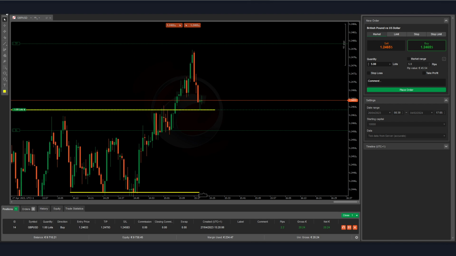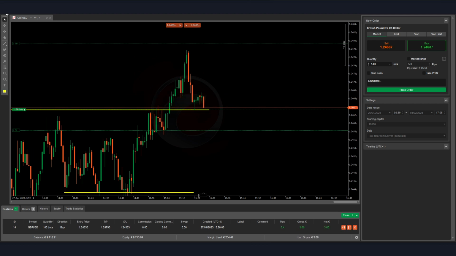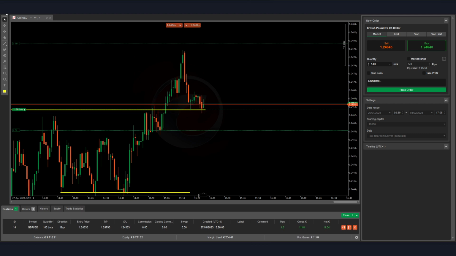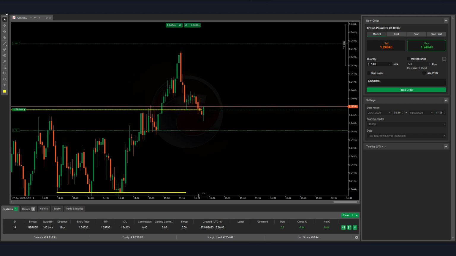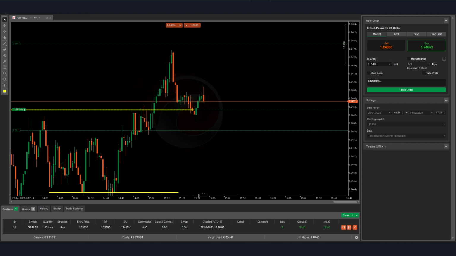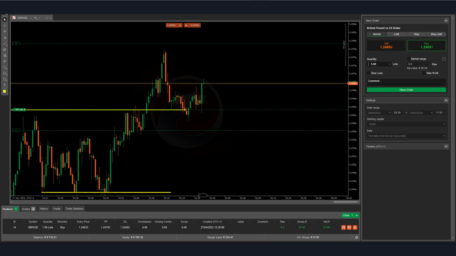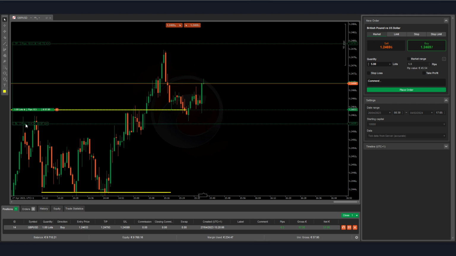Let's see if it's going now to bounce from here. Okay, we're now around 6 pips in profit. We might adjust the stop loss closer to the entry.